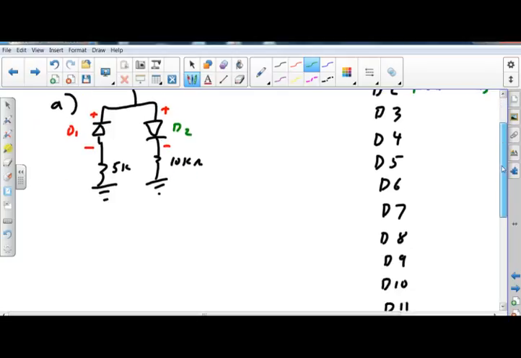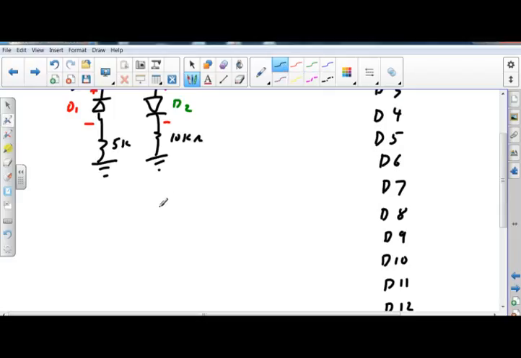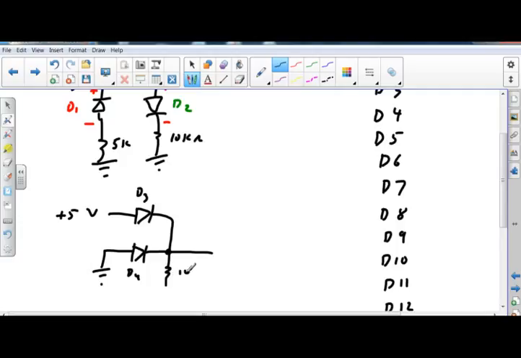All right, so now I'm looking at the B picture. I've got plus 5 volts. I got a diode, calling it D3. I've got a ground. I have a diode, calling it D4. I'm hooking together, and I'm coming down to a 10K resistor, and I look at D3, and I see on this side I'm positive, on that side I'm negative in relationship to that.